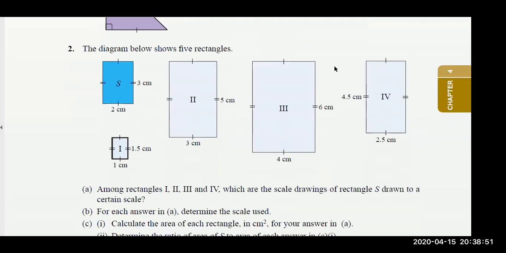So continue to question 2. The diagram below shows 5 rectangles. Right, 1, 2, 3, 4, 5. Among rectangles 1, 2, 3, 4, which are the scale drawings of rectangle S? What is the meaning of this question A?